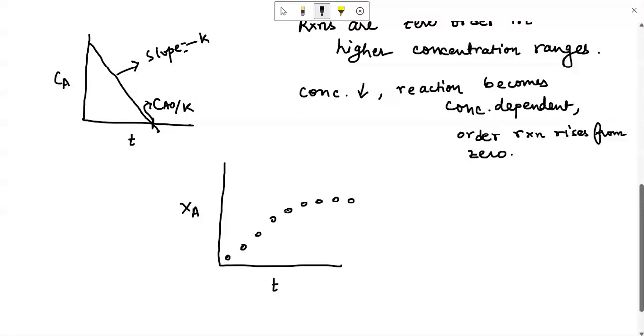It's not exactly a straight line, but let's say this is your best fit plot of the experimental data.